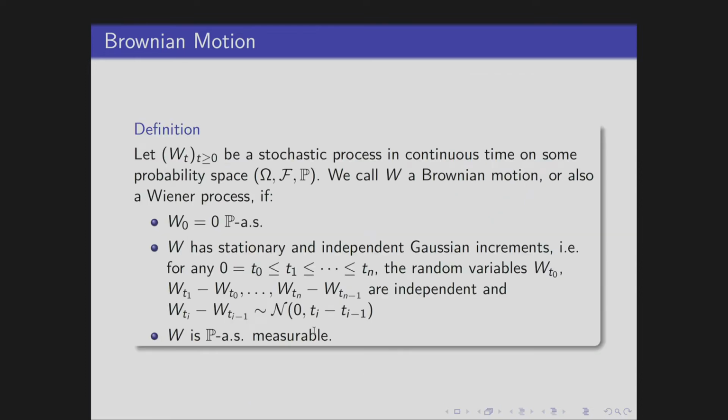And now maybe for the most important property of the Brownian motion, which would be the second one. And this one means that the Brownian motion has stationary and independent Gaussian increments. So basically what this means is if we take any sequence of times, then the differences that we have in the process are independent Gaussian variables. So let's go back to the picture.